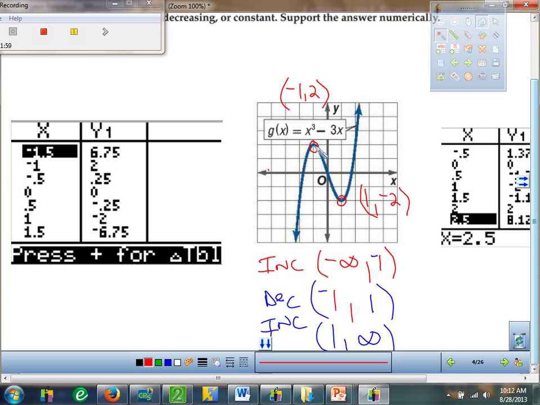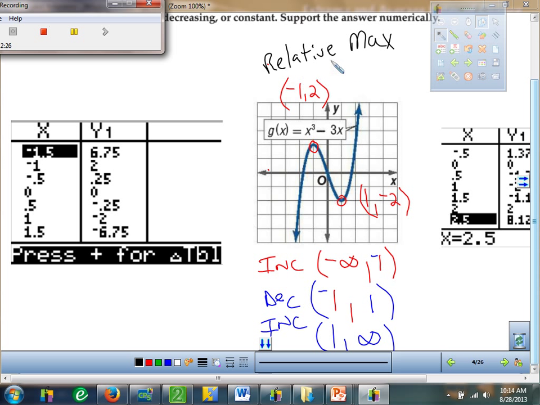Now, hopefully you can see that we hit here and then we start going back down. So we would call this a minimum. Now, it would be a local minimum because it's not the absolute max or min of the graph, because we know that eventually we'll go lower or higher. But for right now, we're just going to call this a minimum. You can keep it local, or sometimes they call it relative.